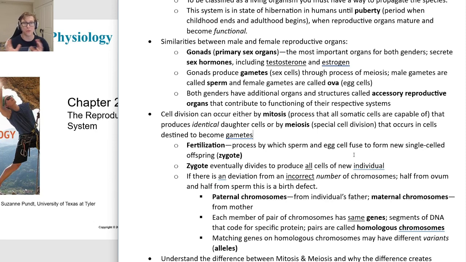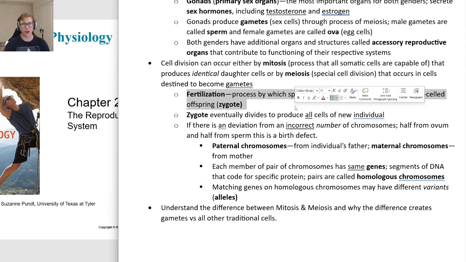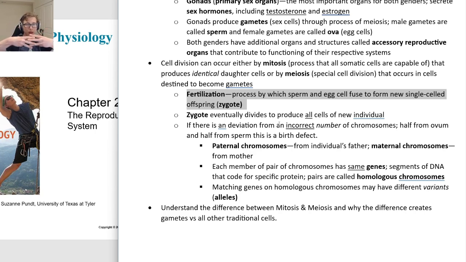This is why, if you have siblings, you don't all look the same. Now, fertilization. That's just the process of when a sperm and an egg cell fuse together and form an offspring. It is called a zygote. When they are taking essentially 23 chromosomes, putting them together, you got a zygote.